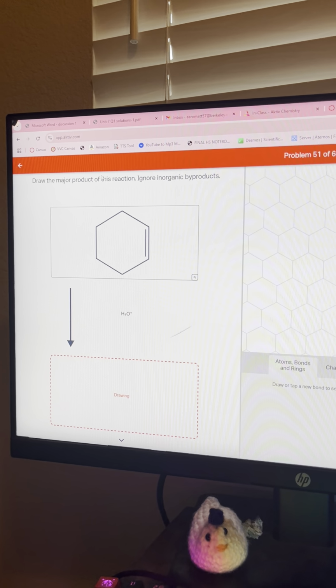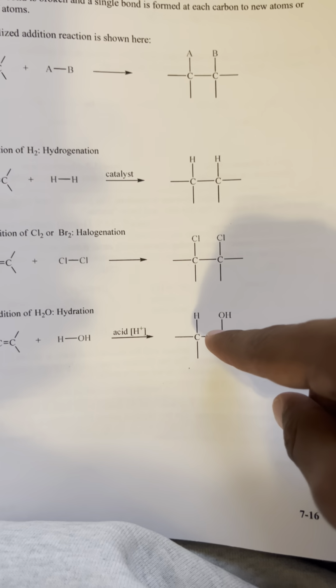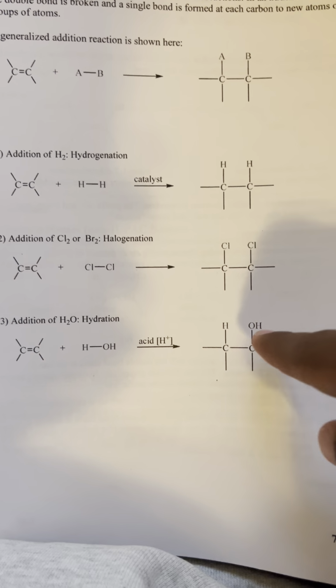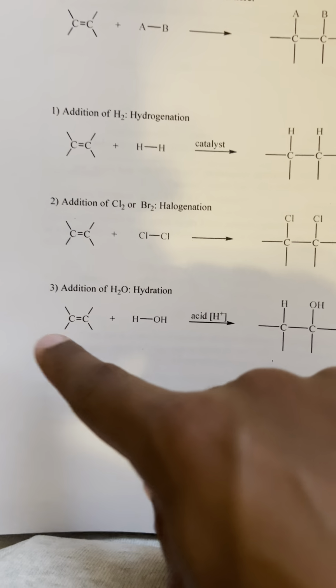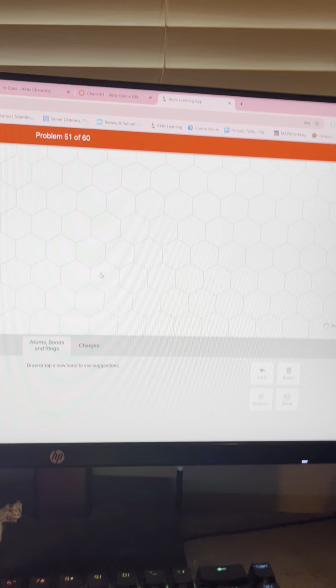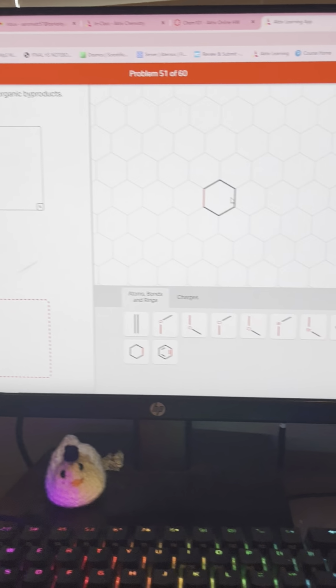Okay. This one is not a hydrogenation reaction. It is a hydration reaction. And that means that the byproducts are going to be H and OH, where the double bond was. That's important. The H and OH are going to be where the double bond was beforehand. So we're constructing what was beforehand.